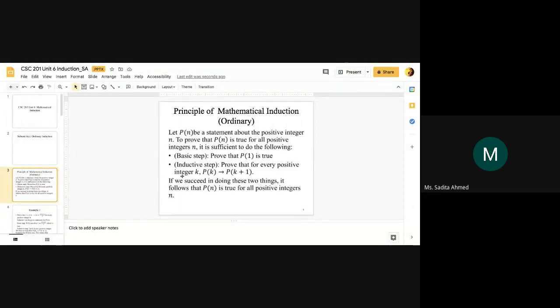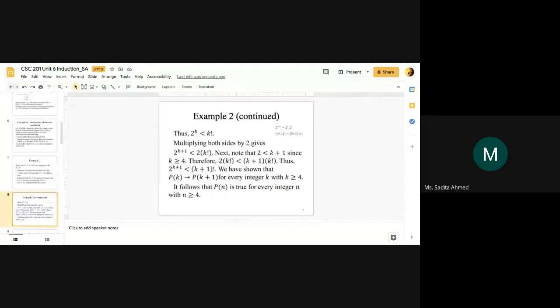For example, if in the inductive step you assume that the statement is true for Pk minus 1, then you have to prove Pk. Exactly. So k plus 1 is there to represent the idea of the next integer: if Pk is true, it's also true for the next integer.